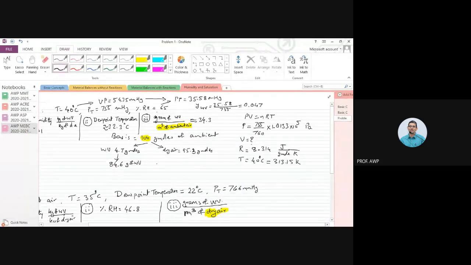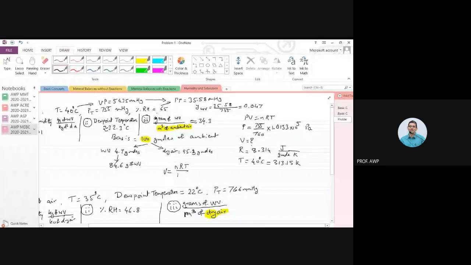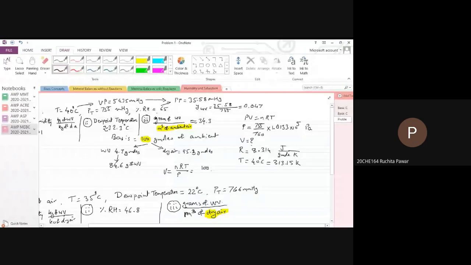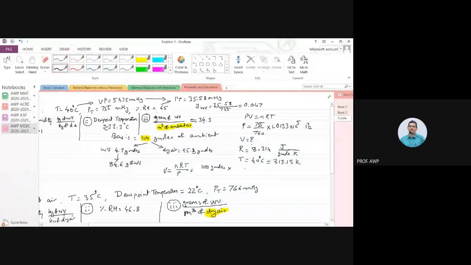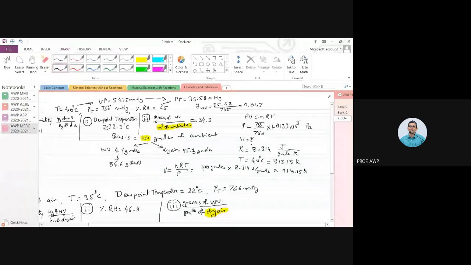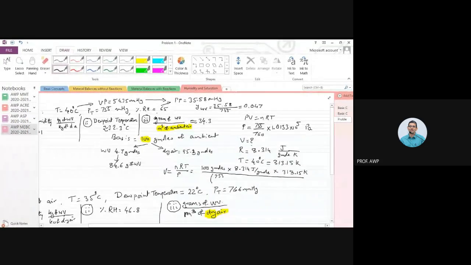So now volume would be nRT divided by P. N, number of moles, is 100 gram moles. R is 8.314 joules per gram mole Kelvin. Temperature is 313.15 Kelvin divided by pressure. Pressure is 755 divided by 760 into 1.0133 into 10 raised to 5 pascal.